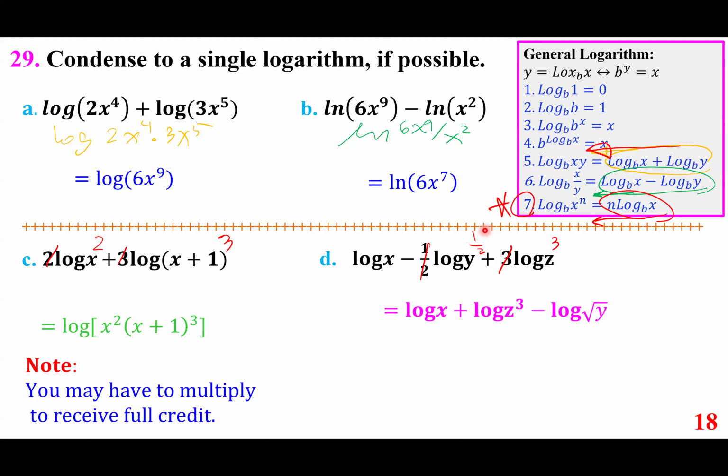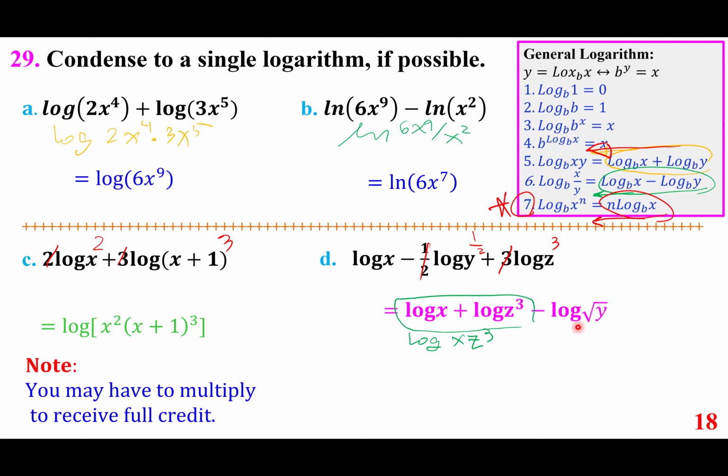And so we can combine these two into log, and we can do it in 2 shots, although it can be done in 1. These 2 into log x z cubed minus log of square root of y.